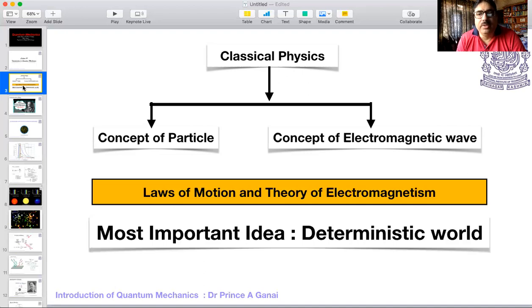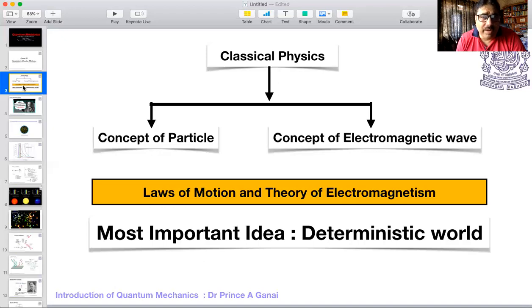So in principle, before 1900, there were two powerful pillars of physics. One was the concept of mechanics, particles, which was dealt with by Newtonian theory, and the other was the concept of electromagnetic waves, which was dealt with by Maxwell's electromagnetic theory.